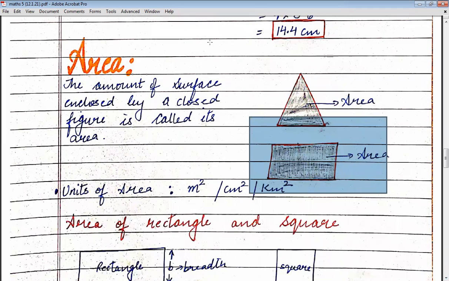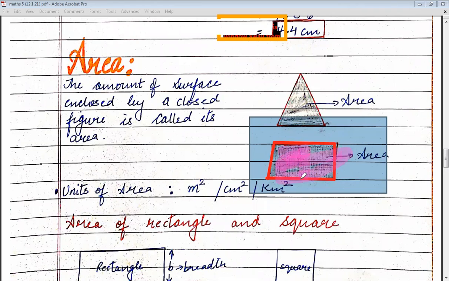Now you know the boundary of this figure. Now let's mark the boundary. This is your boundary. Okay, and the surface enclosed by it will be its area. Let's color it. This is your area of the given figure.